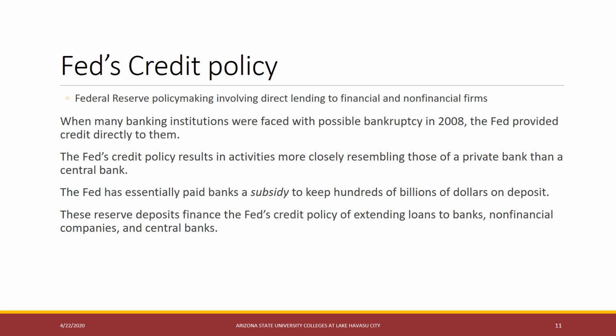The Fed's credit policy resulted in activities more closely resembling those of a private bank than a central bank. The Fed has essentially paid banks a subsidy to keep hundreds of billions of dollars on deposit. These reserve deposits finance the Fed's credit policy of extending loans to banks, non-financial companies, and the central banks.